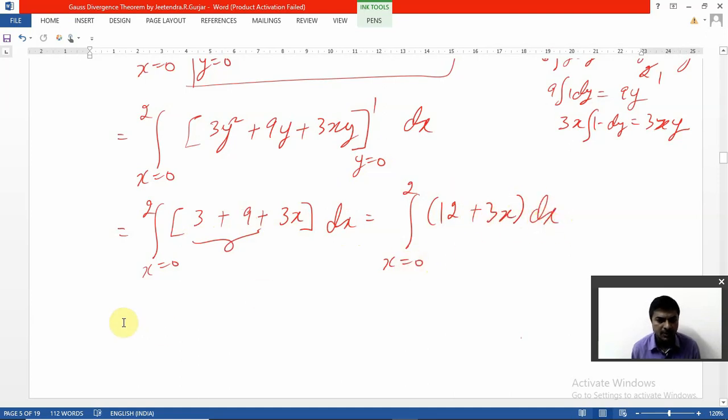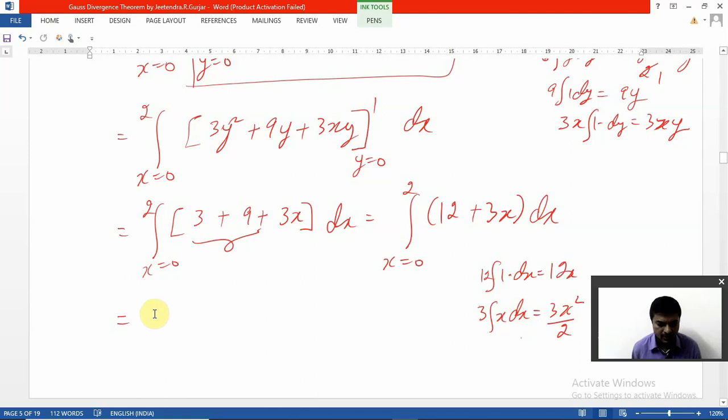Now I am going to integrate this. Integration of 12: 12 is constant, so 1 dx will give you 12x, and integration of 3x: 3 is constant, so I will take 3 outside. Integration of x dx will be x square divided by 2.